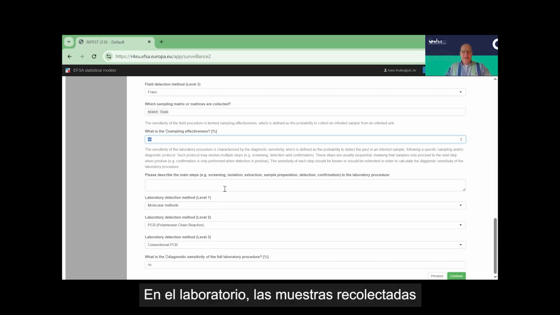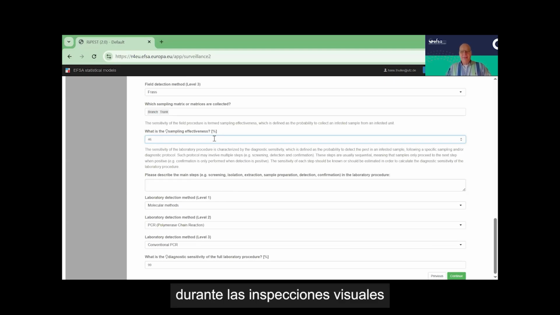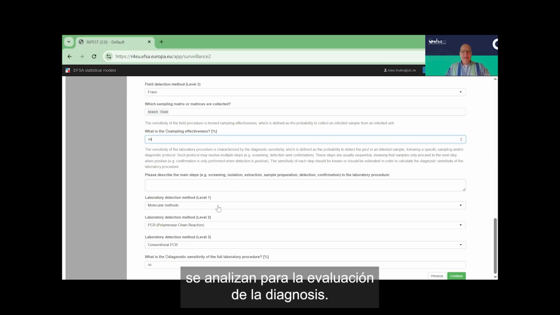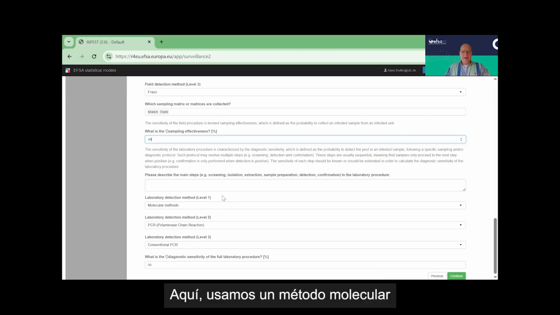So in the laboratory, that is then addressing the sample which is taken during the visual inspection for diagnostic evaluation. There we are considering a molecular method that is applying standard polymerase PCR techniques. We're using the conditional PCR.